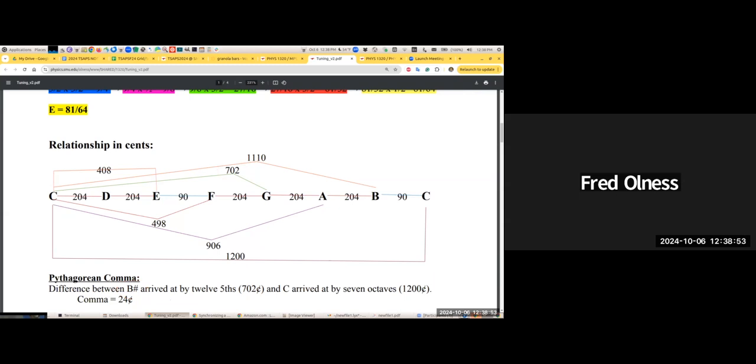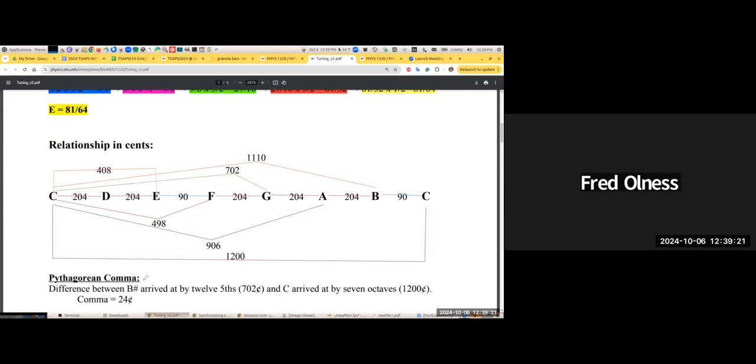And remember, 100 cents is a half step, roughly between something like an E and an F. So you're a quarter of a tone high. That's quite noticeable. And that's what we call the Pythagorean comma. Comma, you can think of that as the error in the system. So this is the Pythagorean error that comes about trying to use the cycle of fifths to get back to the C again.